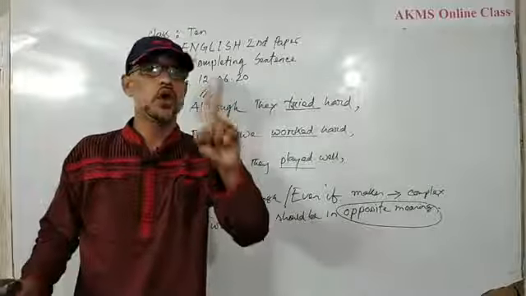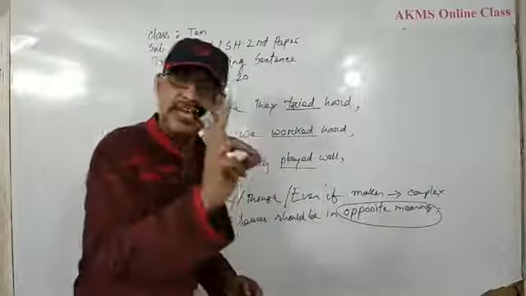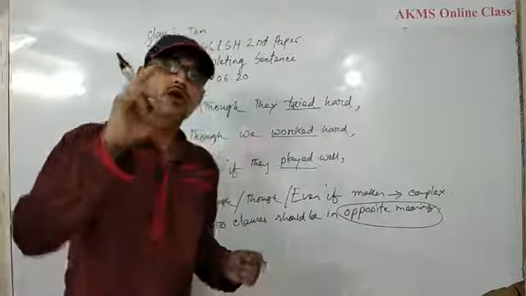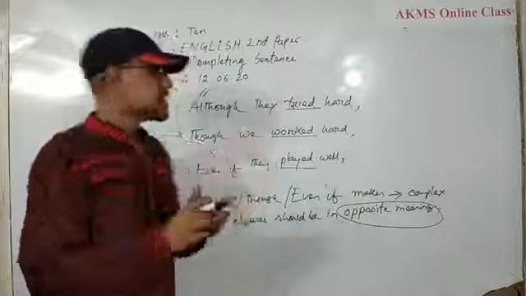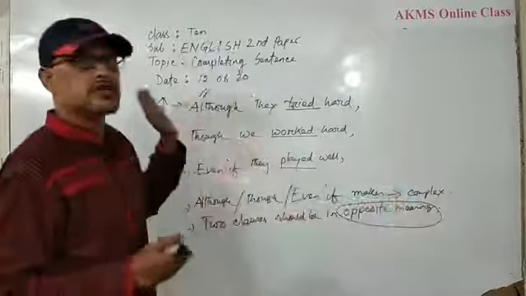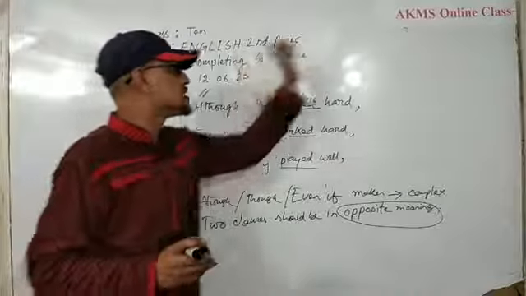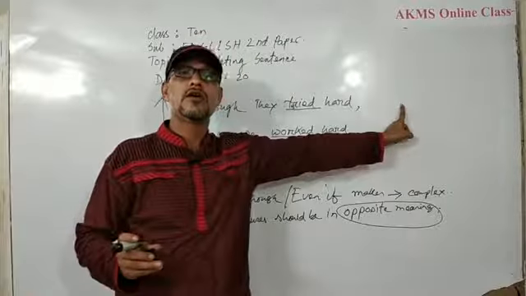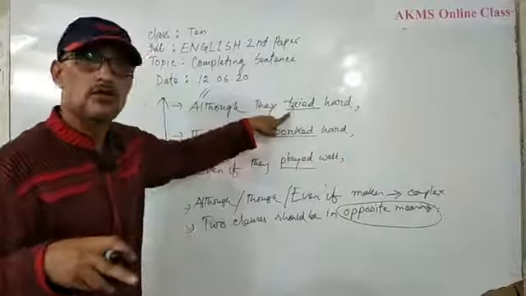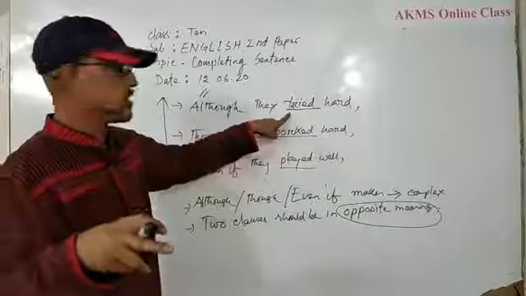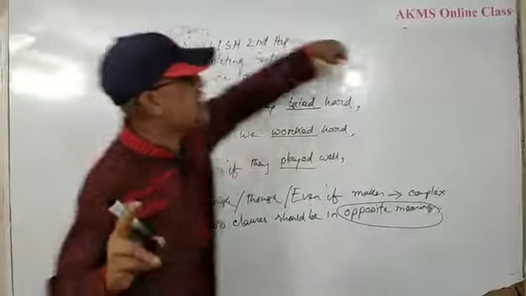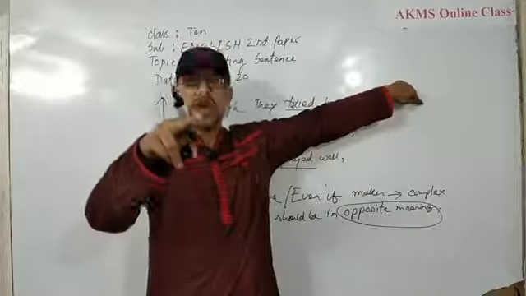First rule, though, although, or even if combines two clauses of different meaning. It makes a complex sentence, and you will use the same tense. The examiner will give you a verb which has a tense, and you will use the same tense that you write.